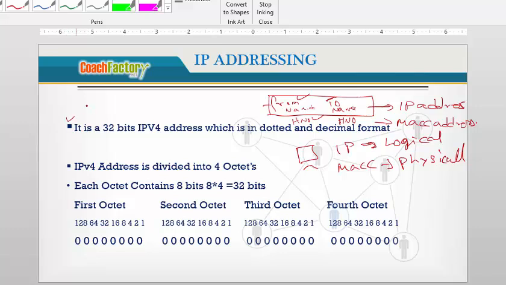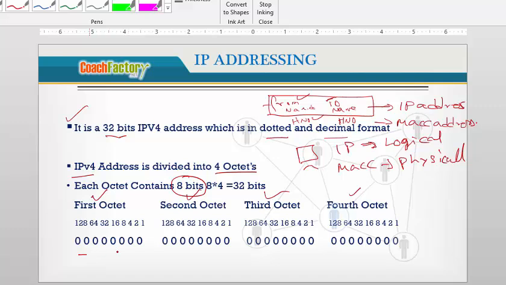So an IP version 4 address is in 32 bits, and how do we write it? We write it in dotted decimal format. How is the IP version 4 address 32 bits? It has been divided into 4 octets. There are 4 octets in an IP version 4 address, and each octet contains 8 bits. So this is 1 octet, second, third, and fourth.